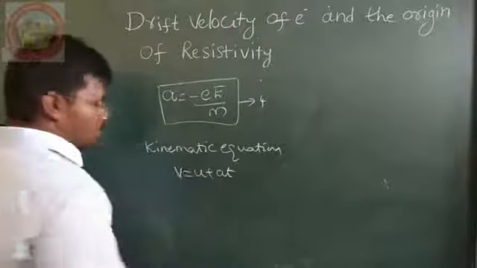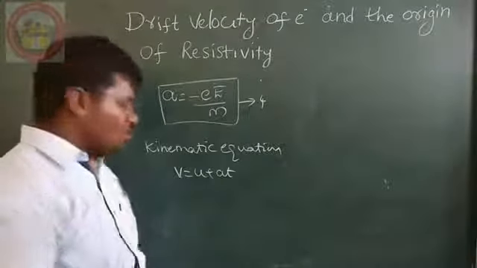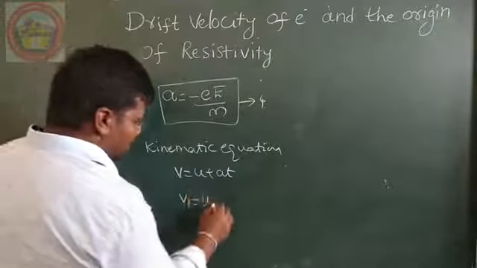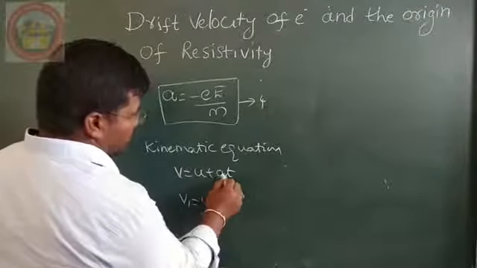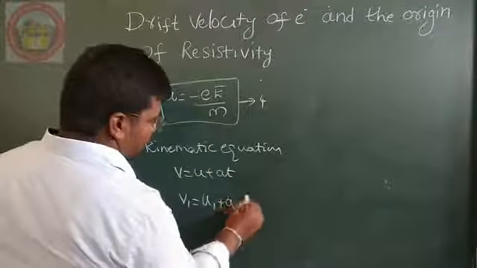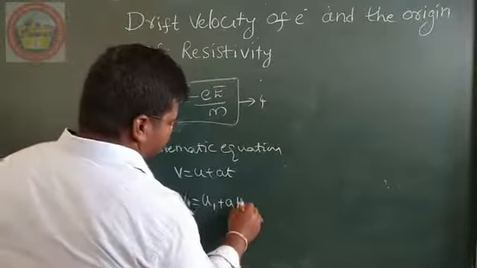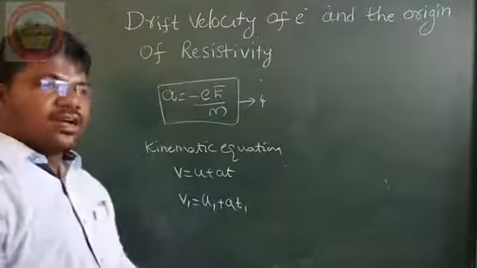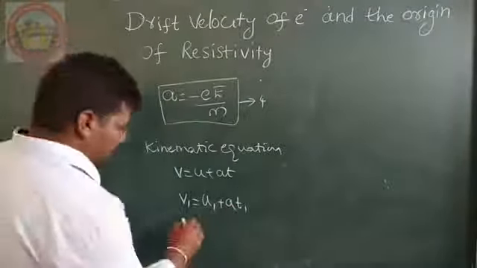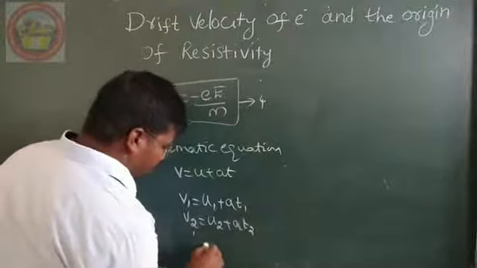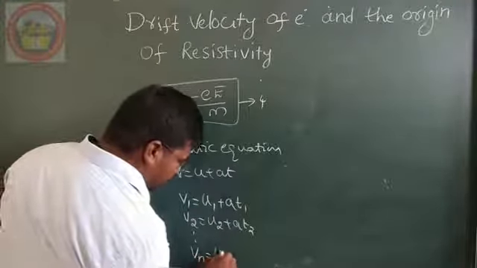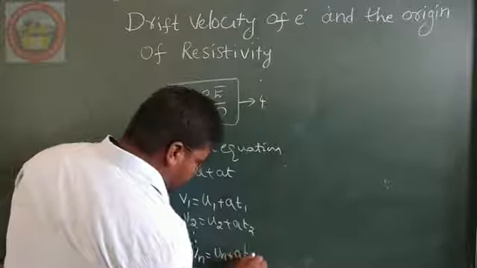Consider one electron: its final velocity is v1, the initial velocity is u1, acceleration is a and time is t1. Consider another electron: v2 is equal to u2 plus a t2, and so on for n electrons, vn is equal to un plus a tn.